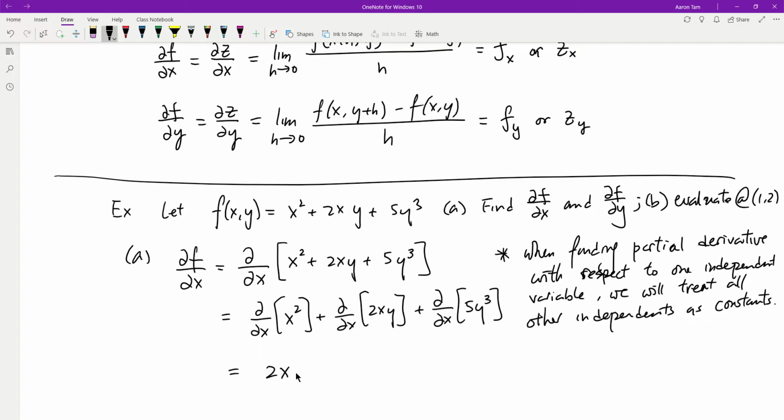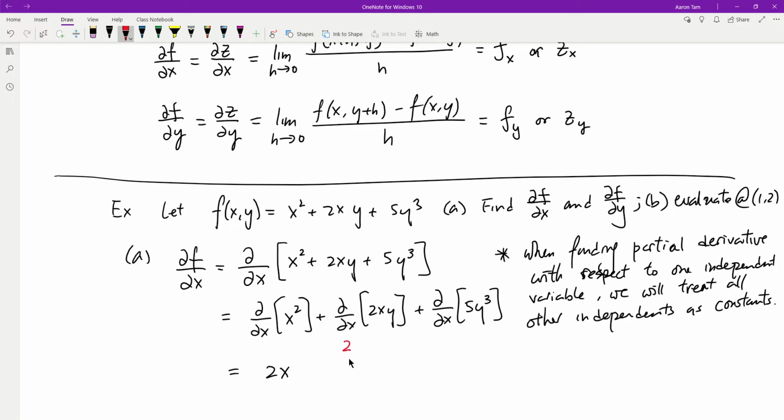Now, here's the important one that students often make mistakes on. When you differentiate 2xy with respect to x, 2 is a constant, so obviously we can move the 2 out of the differentiation.